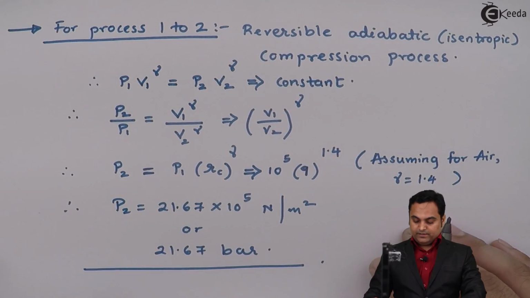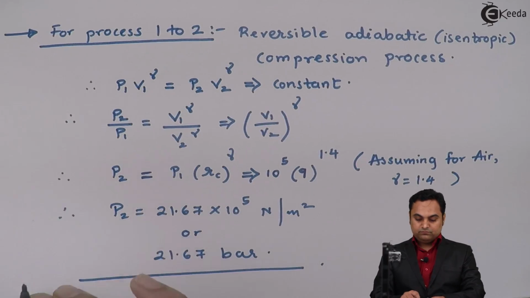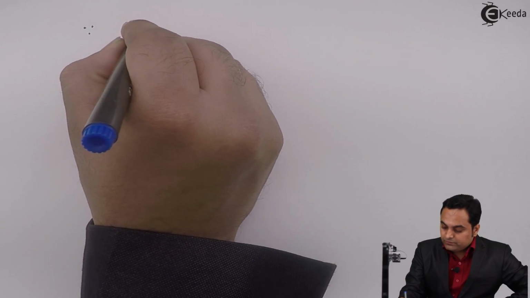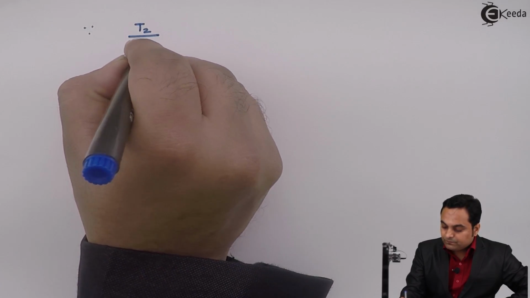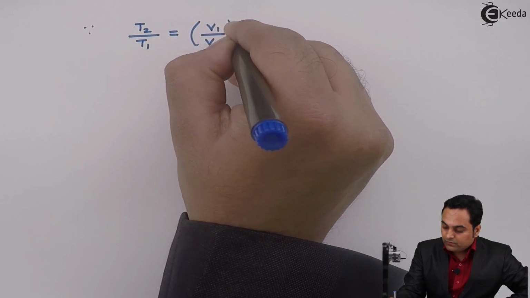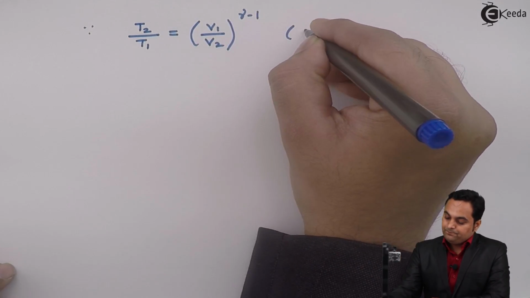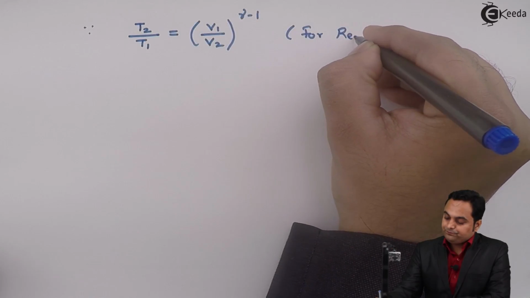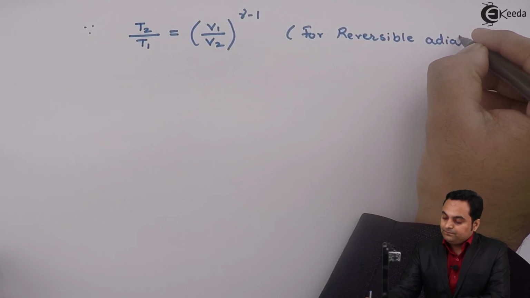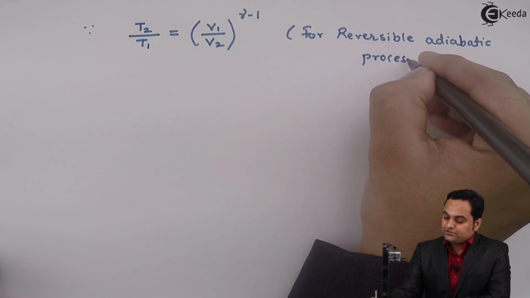For that, again in the same process, that is during 1 to 2, I can write down, since T2 upon T1 is equal to V1 upon V2 raised to gamma minus 1. This relation is for a reversible adiabatic process, that is the isentropic process.